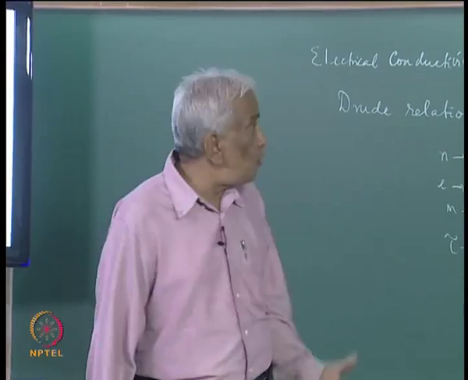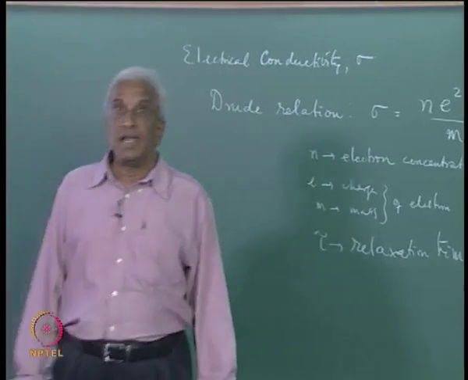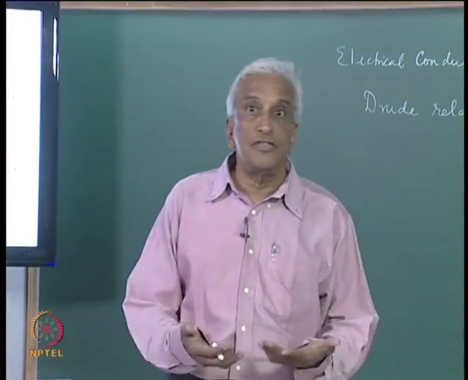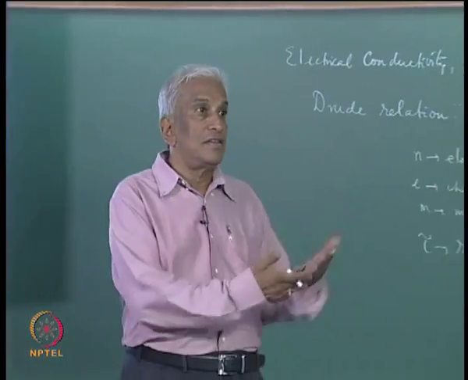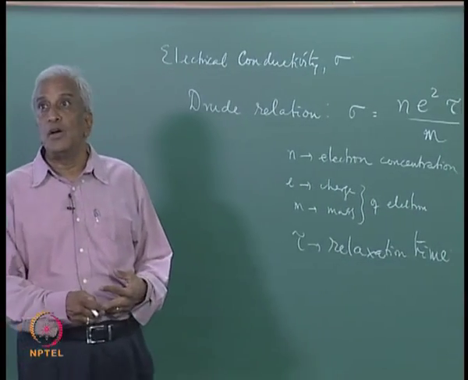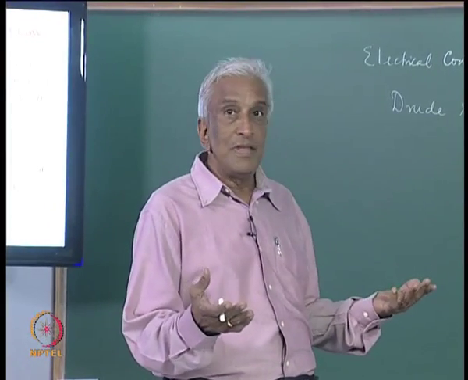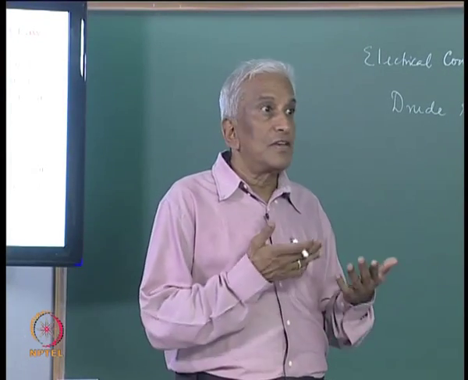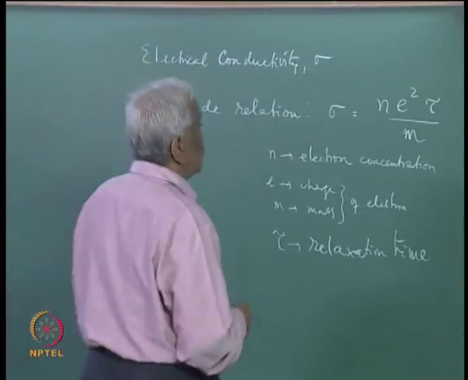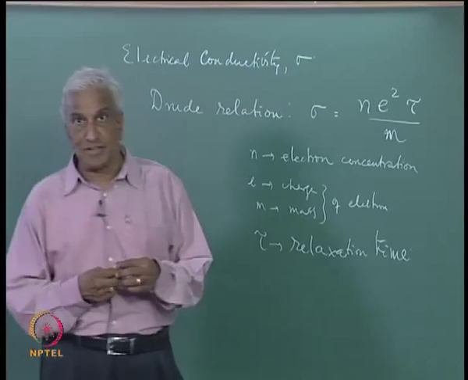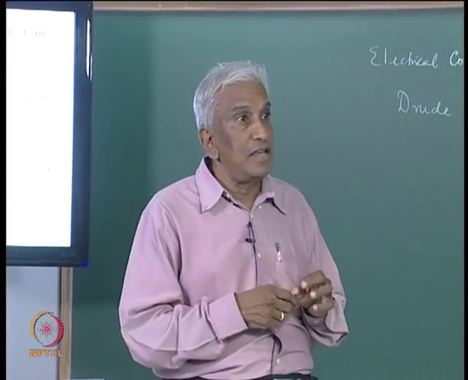So, we all know, for example, if you consider a material like platinum, platinum is very well known as a resistance thermometer, and it is preferred as a resistance thermometer because it can be available in a very pure form, and also its resistance is strictly proportional to the absolute temperature. So, it is a linear function of the temperature to a very high degree of accuracy.